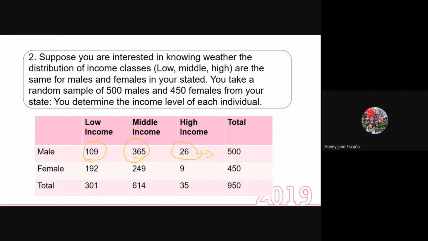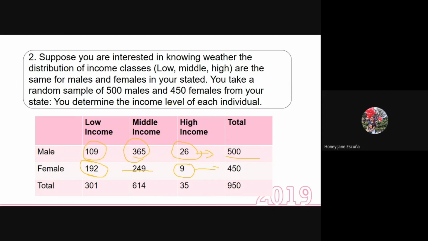So total male samples are 500. Next, for our female, we have 192 samples for our low income, 249 samples for our middle income, 9 samples for our high income.